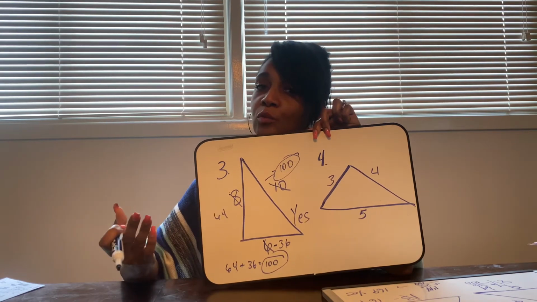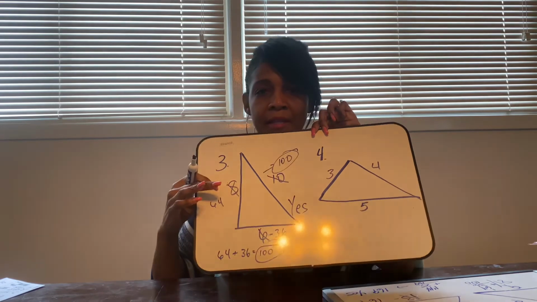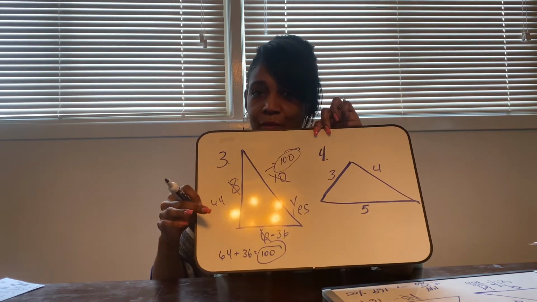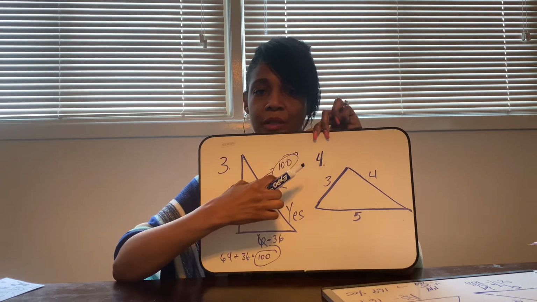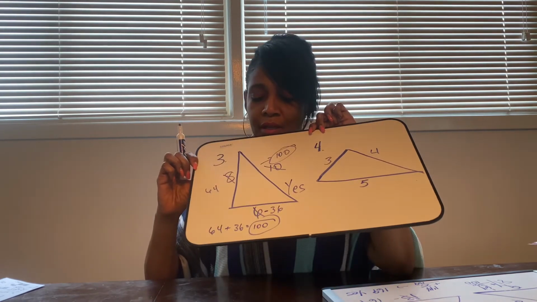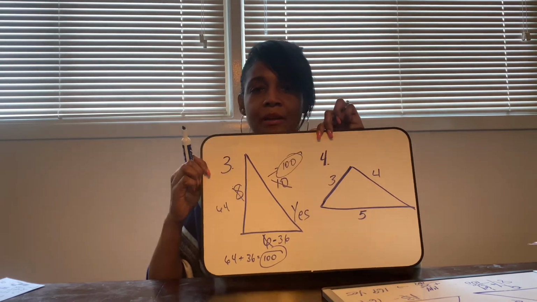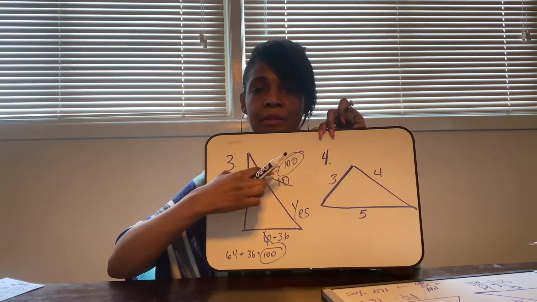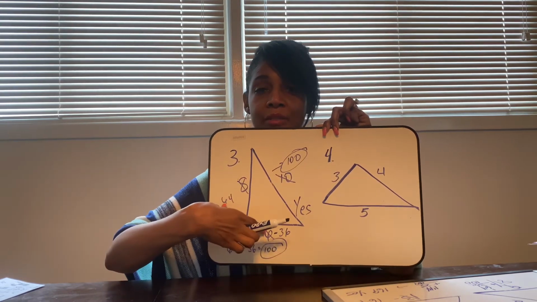And if you're not sure why, let's just walk through the steps again. 8 times 8 is 64. 10 times 10 is 100. And 6 times 6 is 36. Now, this is our longest side, so this is the side that we are going to compare these two sides to.